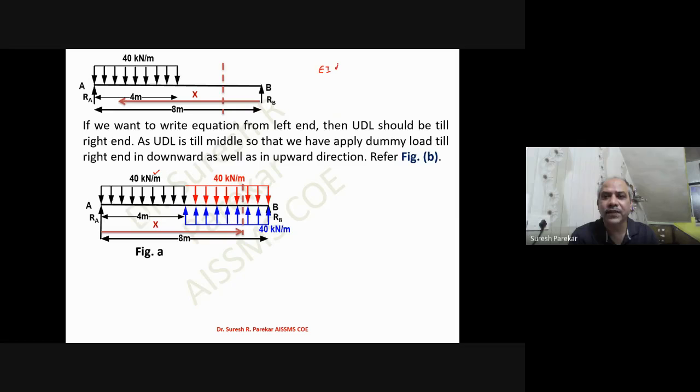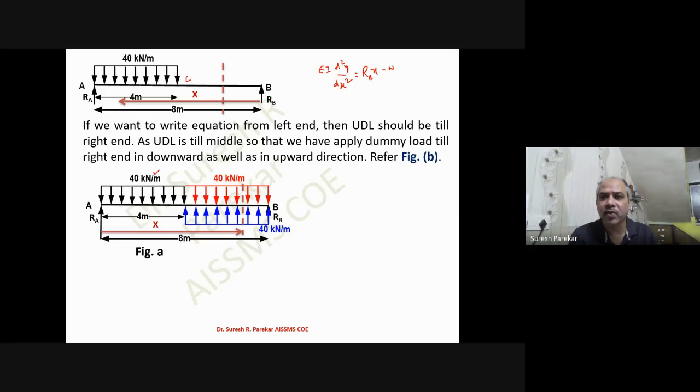And then it becomes difficult, because if you write the equation, then in first compartment, that is between A to C, we have considered C over here, and then we have this equation: EI d2y by dx square equal to RA into X minus WX square by 2.